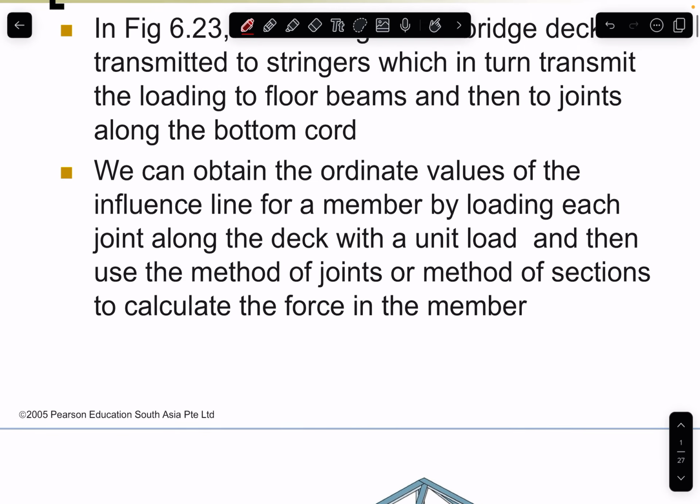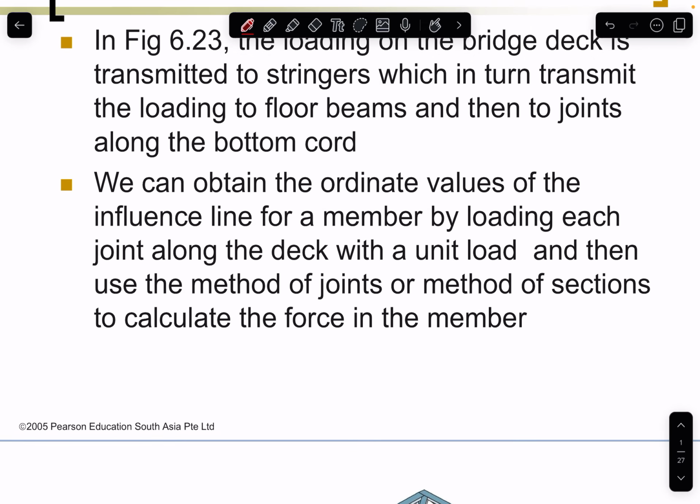Okay, so we can obtain the ordinate values of the influence line for a member by loading each joint along the deck. If you still remember, when we analyze a truss, we always go for the method of joints, meaning the load will be applied at a joint, with a unit load, and then use the method of joints or method of sections.